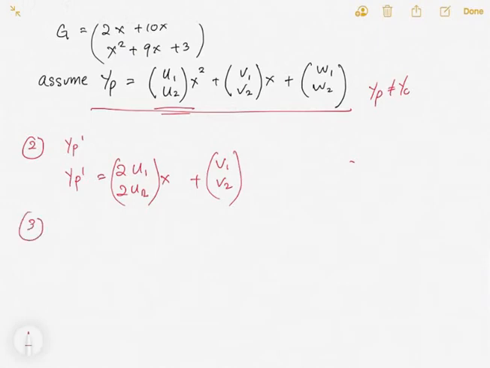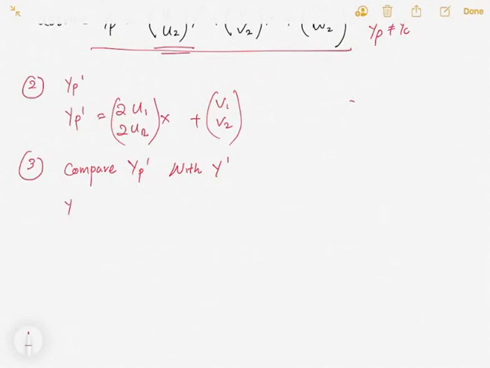The third step is to compare YP prime and Y prime. YP prime equals Y prime, which is equal to Ay plus g.